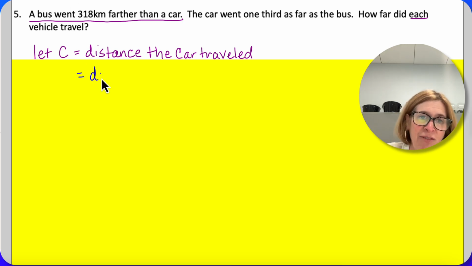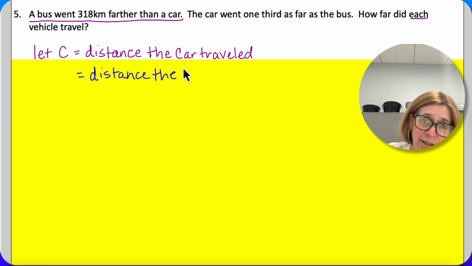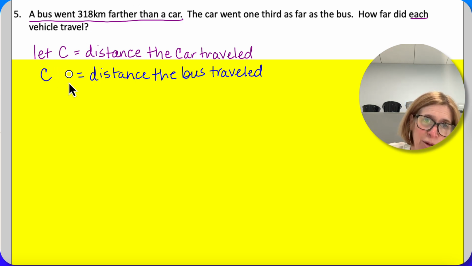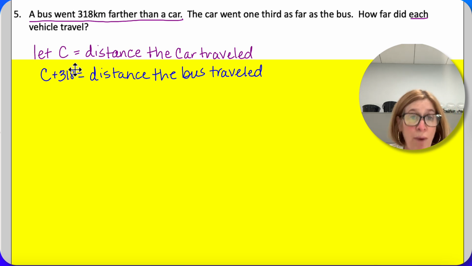So we need to find the distance the bus traveled, again, in terms of C, it means C is going to be in it. So it went 318 kilometers farther. So that would be C plus 318.